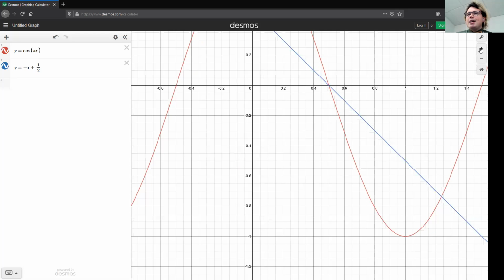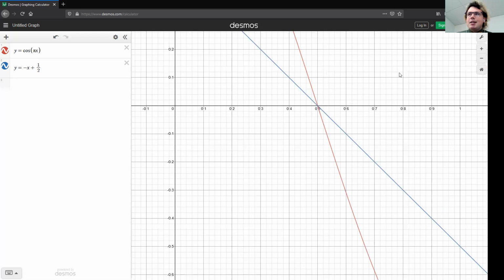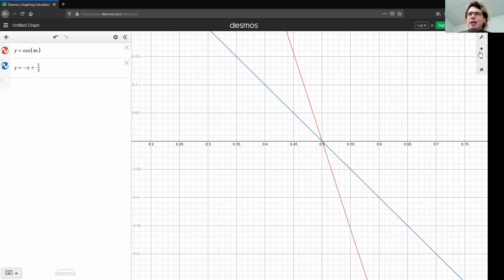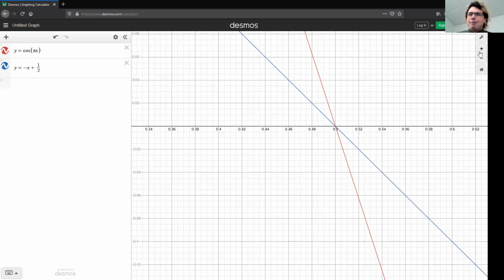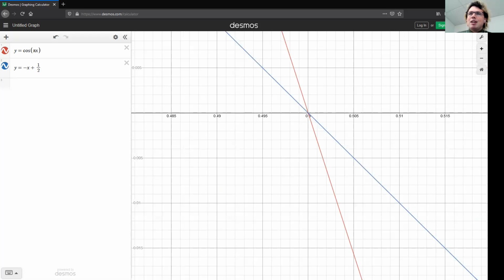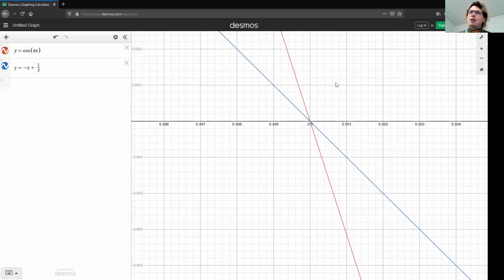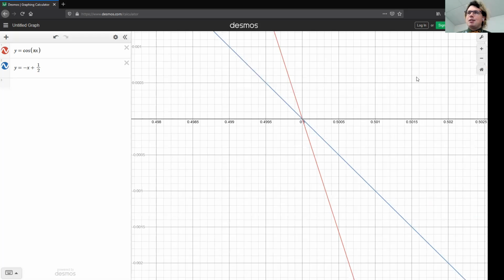So the key idea is let's zoom in on the graph. And the further I zoom in, because both of these functions are differentiable, the more these functions look like two different lines.